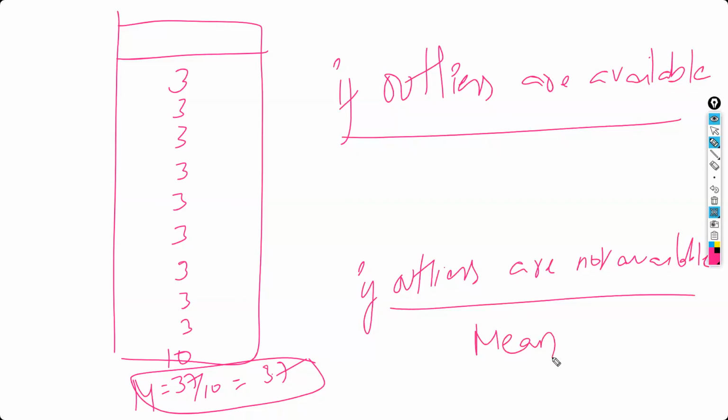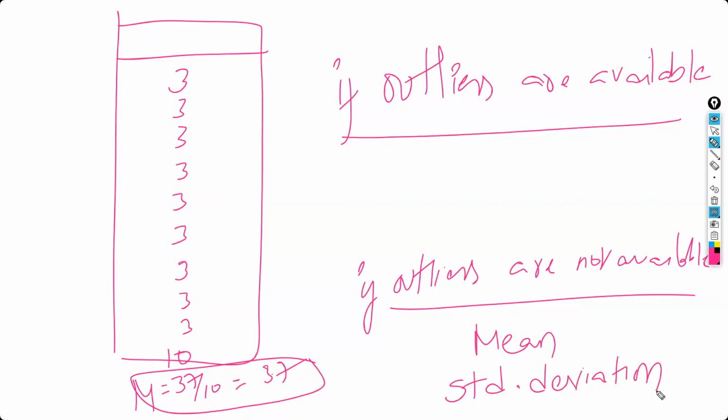And the best measure of dispersion or measure of spread is nothing but standard deviation. These are the two best measures. But when there are outliers, these both are worst. Both of them are not good.